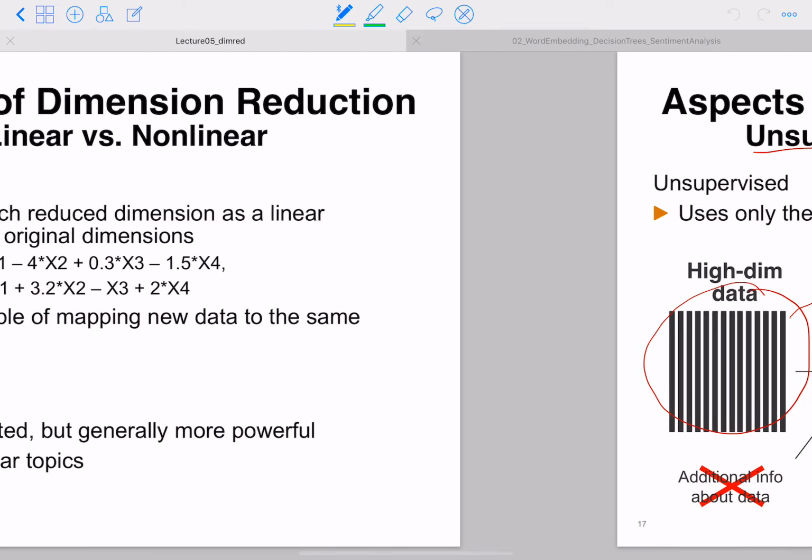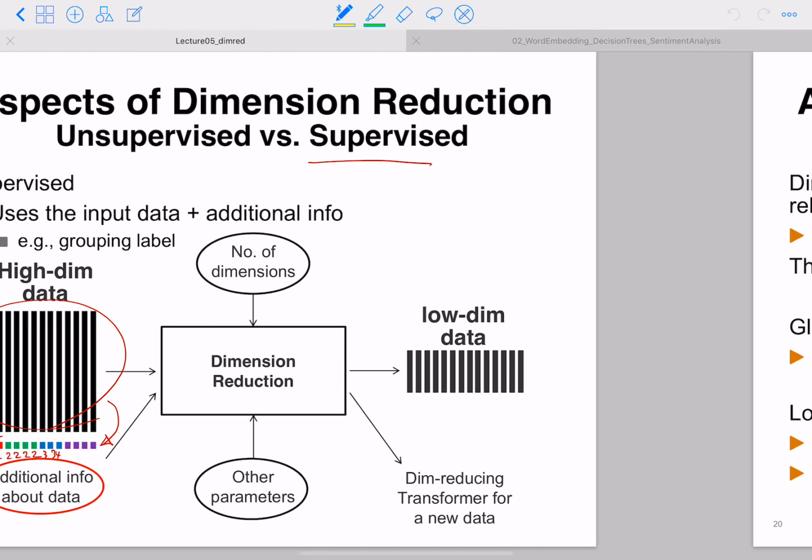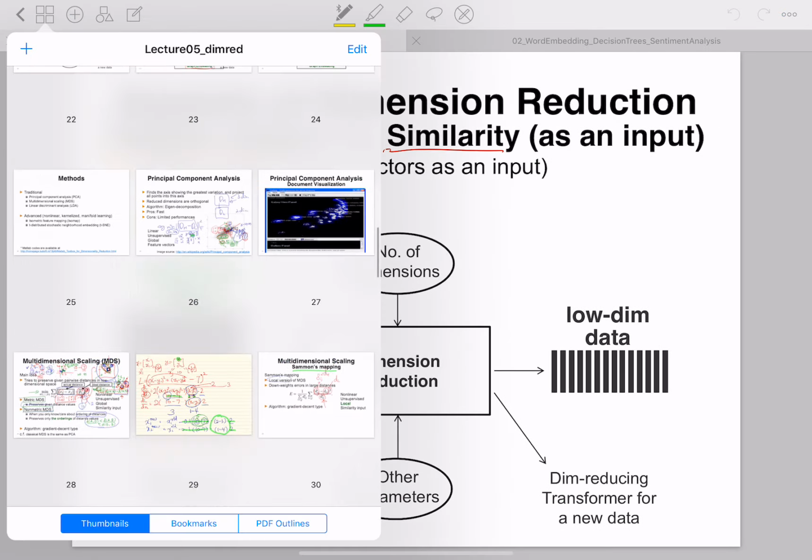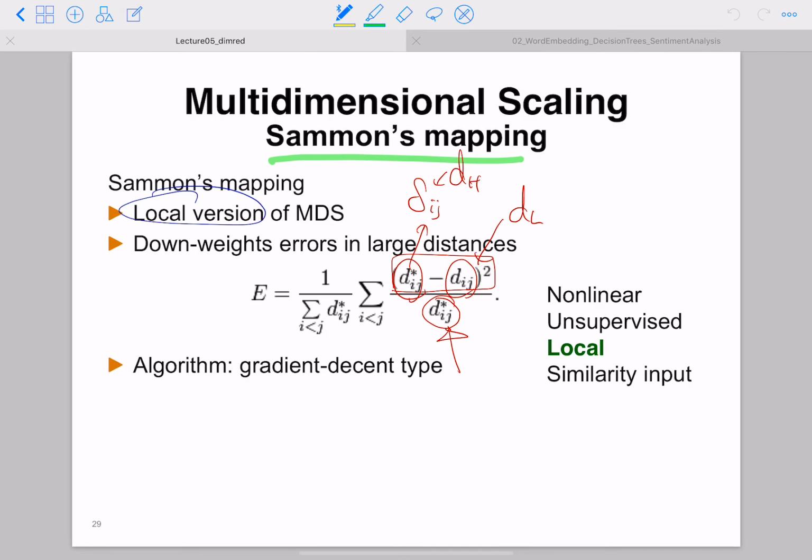So we want to focus relatively more on the small distance pairs, or high similarity pairs. That way we have this normalization component over here. So that is the Sammon mapping.